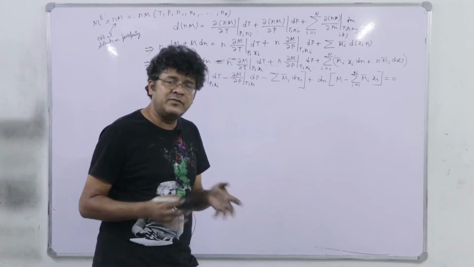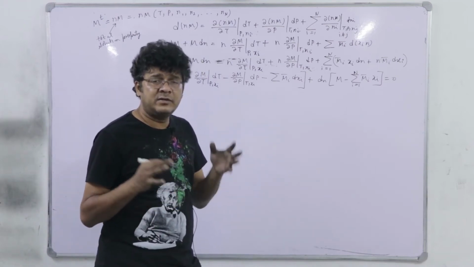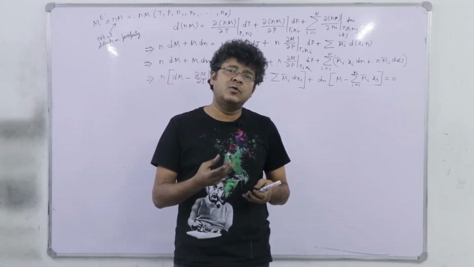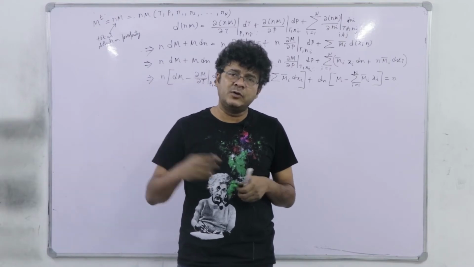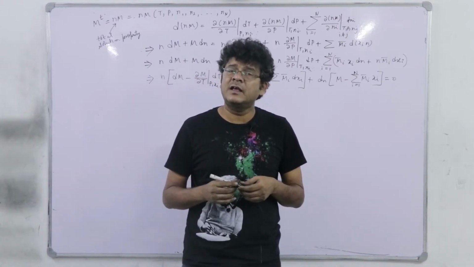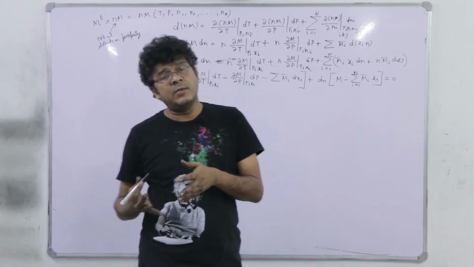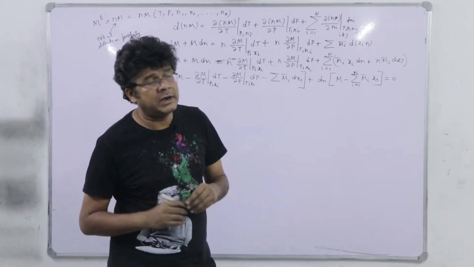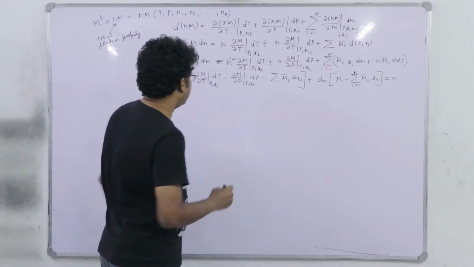Because in a solution of 100 moles, we can add 5 moles, we can add 1 mole, we can add 10 moles, we can take away 2 moles. It entirely depends on us. So, what is the total amount and what we are abstracting or adding, they have got no dependence. So, n and dn are independent.